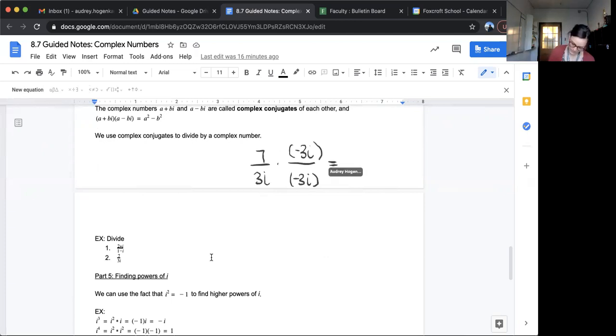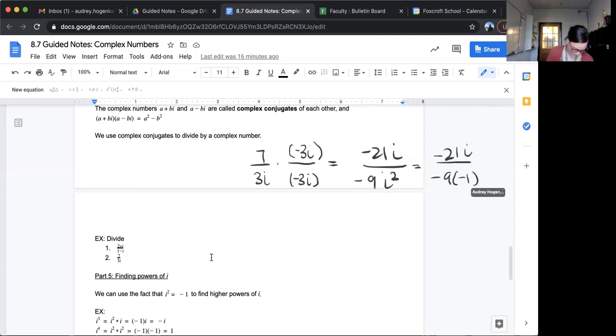Okay, so then 7 times -3 is going to be -21i in my numerator, and then in my denominator I have 3 times -3, which is -9 times i squared. I know that i squared is -1, so I'm going to have -21i over -9 times -1, which is going to be equal to -21i over 9. -21 over 9 simplifies a little bit to -7i over 3. And that is my final answer.